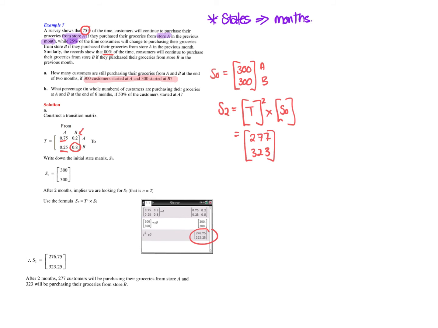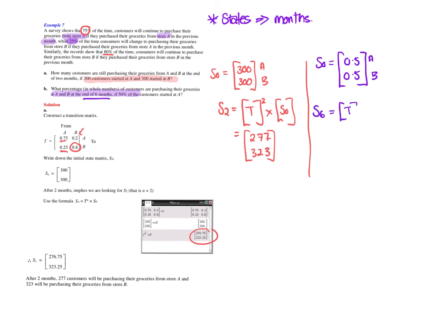So this is just, you can have a percentage initial state. So say here they're talking about the initial state. Instead of using the numbers, we can just say, all right, we had 50% at A, and then the other 50% had to be at B. Okay, so they want to know at the end of 6 months, so that would be state 6.